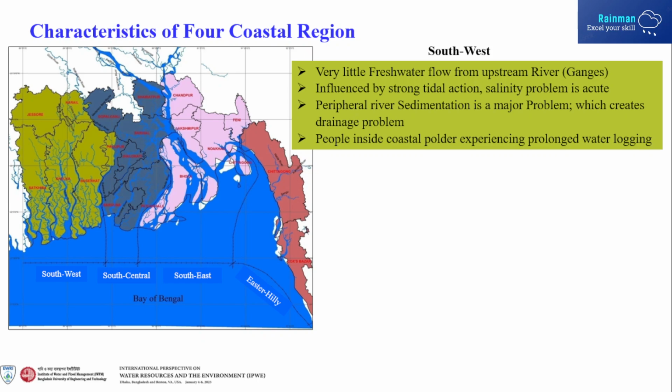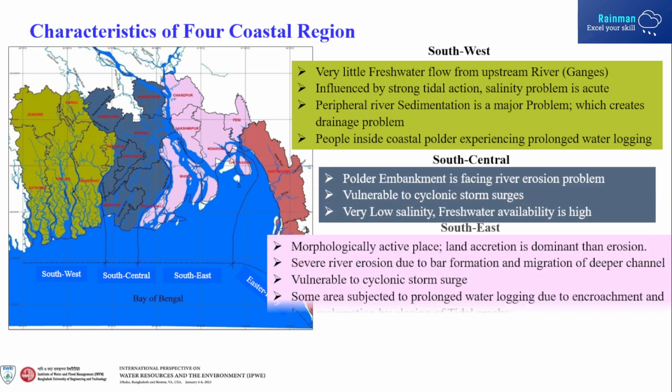And the South Central region is vulnerable to storm surge and erosion, and waterlogging problems in the polders are also seen here. The Southeast region is also vulnerable to storm surge, and this area is subjected to prolonged waterlogging due to encroachment and land reclamation by closing tidal creeks.